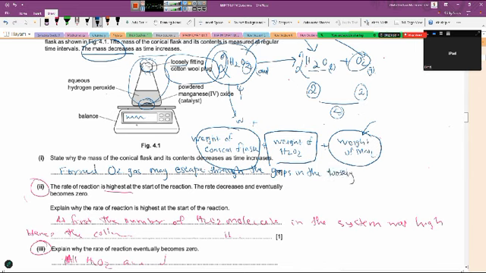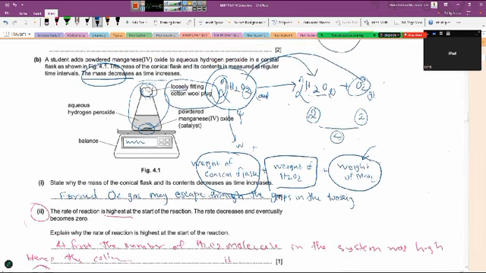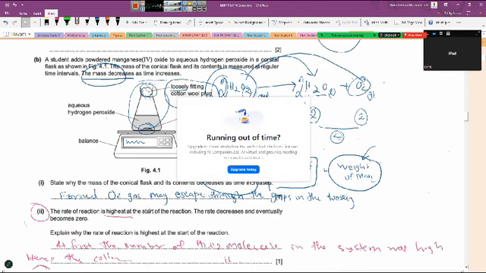Particles of hydrogen peroxide are closest together at the start, increasing collision. What are you telling? Over here in the paper, the answer is that the particles of hydrogen peroxide are closest together at the start, increasing collision.